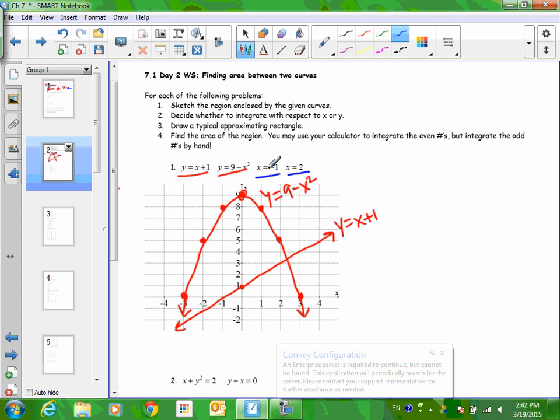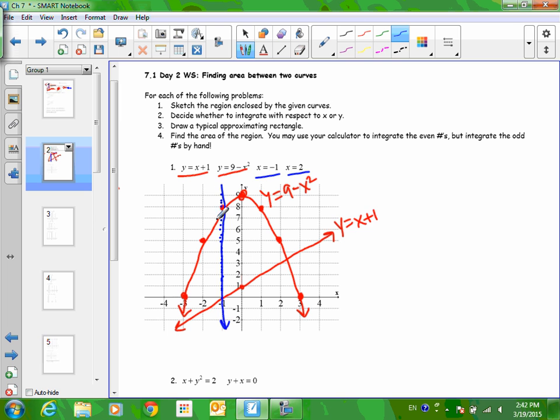Here's the deal. If you forget this, just think, this is the line where every single x value is -1. So everywhere x is -1, see, that makes a vertical line. If you just connect all those points together. Okay, so what type of line is x equals 2? Vertical, oh yay.